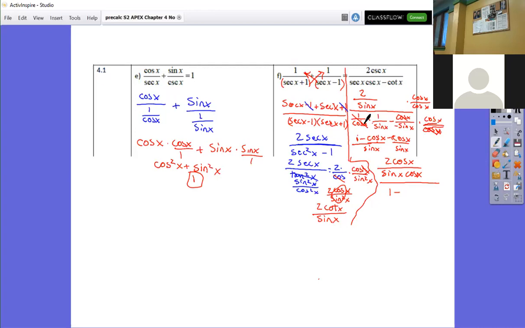I even wrote it wrong, but it was so chicken scratchy. So I got that over that. I don't like this one. Now, cosine of x, right, over sine of x.